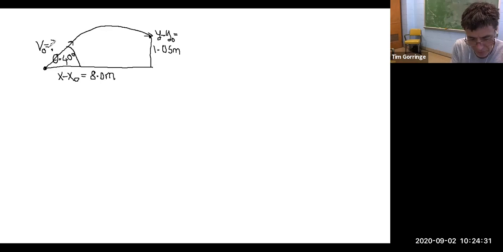Okay, so let me start by writing down the equations that describe the horizontal displacement and the vertical displacement. And so I'm going to put these two equations downstairs here. And let's start with horizontal.